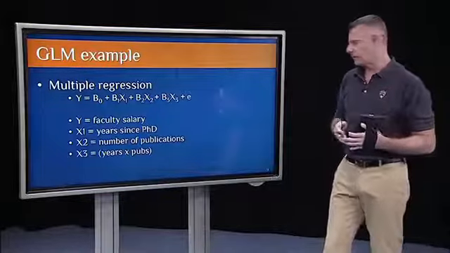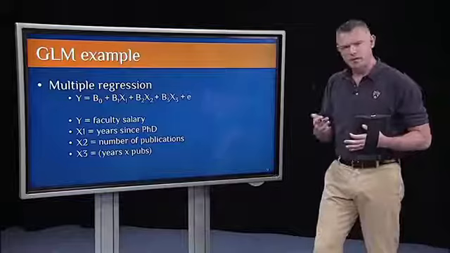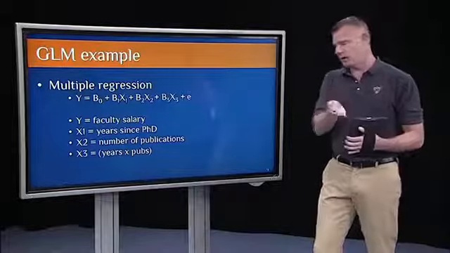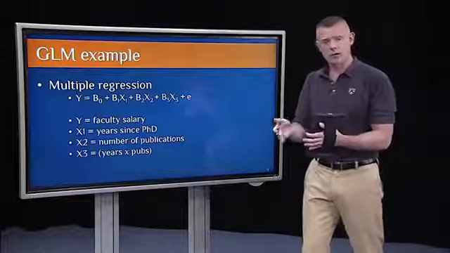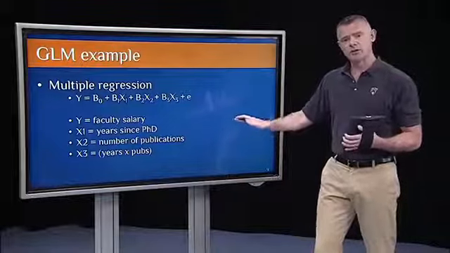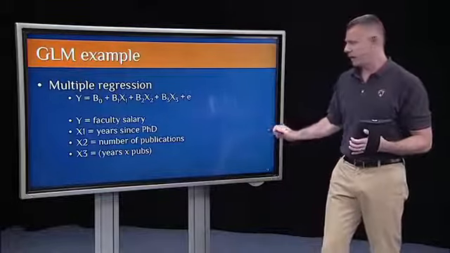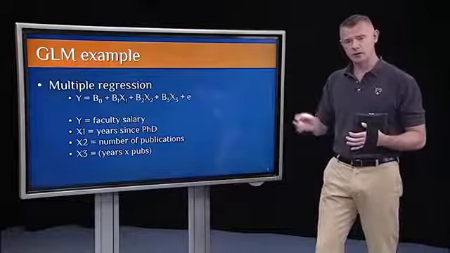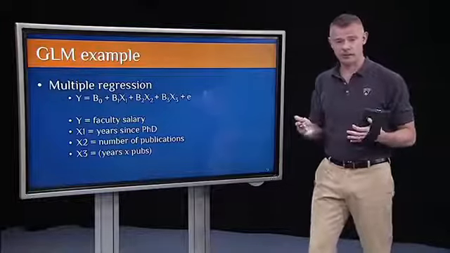And you might think that's the case. Perhaps number of publications matters a lot more for determining salary earlier in your career rather than later. So there might be an interaction or moderation effect. If that were the case, then that predictor X3 would be a significant predictor of the outcome measure, faculty salary.